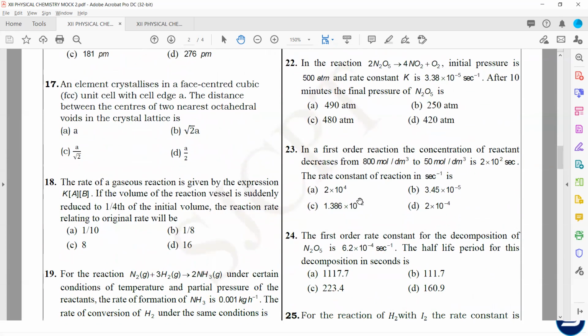In the reaction 2N2O5 giving 4NO2 plus O2, initial pressure is 500 atmosphere and the rate constant K is given. After 10 minutes, the final pressure of N2O5 is? Which formula to be used?